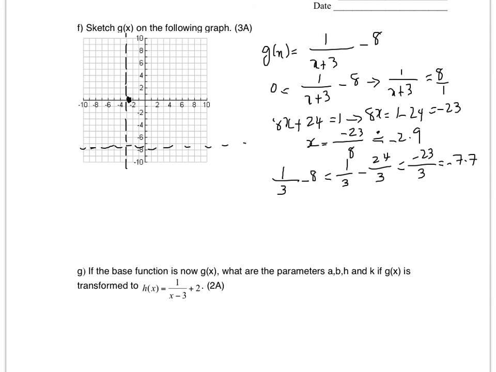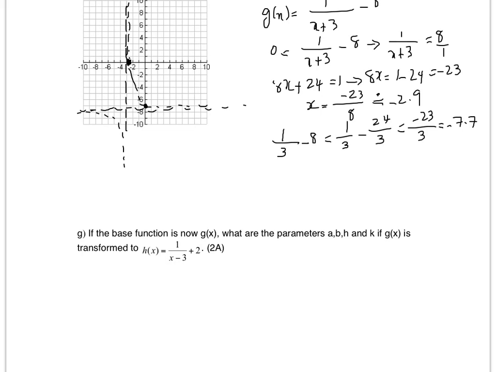So the point is going to be somewhere close to the asymptote here, and the graph looks something like this one. This is going to be my graph, but since the graph of a rational function is going to have 2 branches, the next branch is going to be something like this. So this is going to be the graph of g of x.